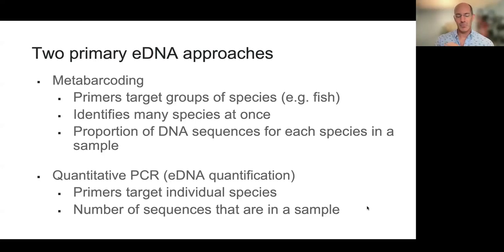And then if you do that reaction in a machine multiple times, like 30 or 40 or 50 times, doubling the amount of DNA each time, the amount of DNA in your sample is increasing.